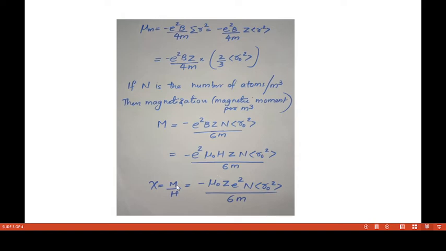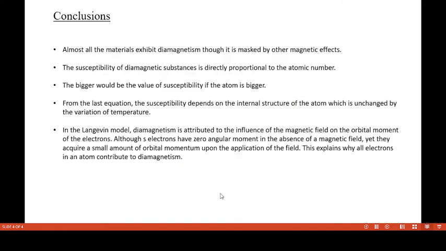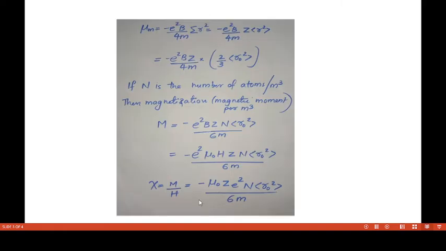Now, susceptibility can be written as magnetization upon H, which is equal to minus mu naught Z, H cancels, and e square capital N times average of r naught square upon 6m. So, this is the equation for diamagnetic susceptibility in Langevin theory.